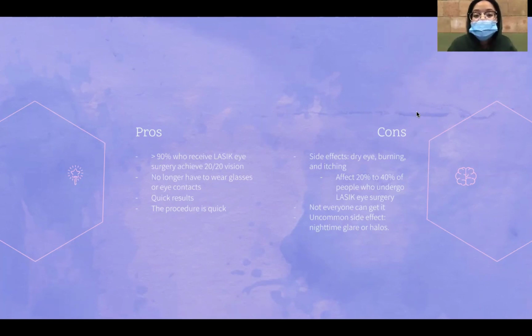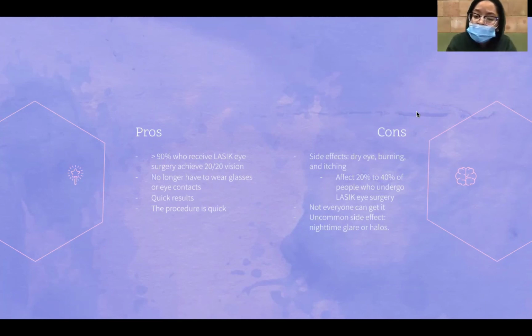Obviously you still can't go driving right after LASIK eye surgery, but there are definitely quick results and you will be able to see them within the week.